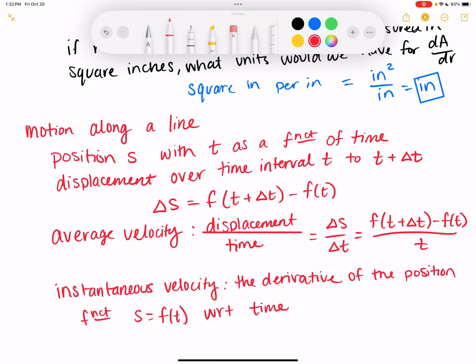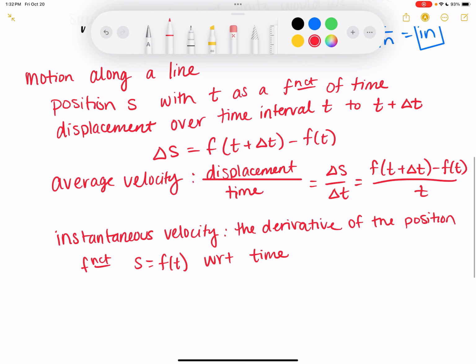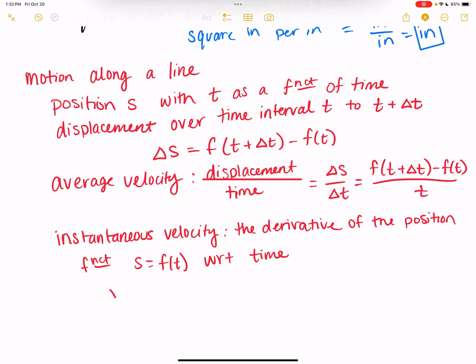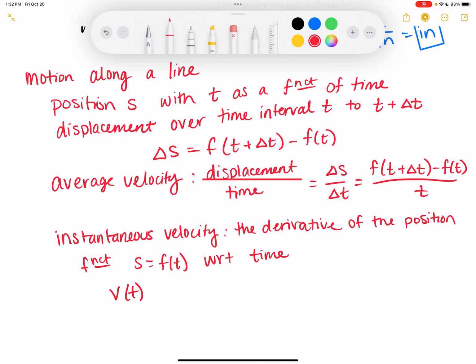So what does this mean? Basically, if you're given a position function, all you need to do is take the derivative and you have velocity. We only have instantaneous, which is often what you're looking for. The other formula is for average.